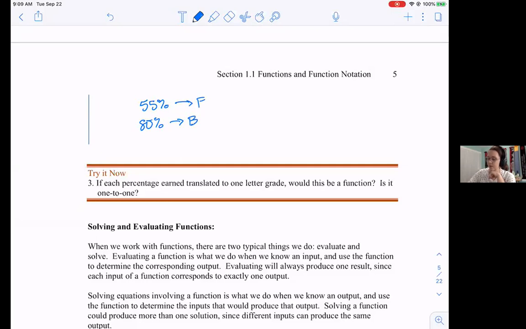So let's say yes, this is a function. To check if it's one-to-one, we have to go the other way. If I got a B, do I know exactly what percentage I got? No. I could have gotten 80, I could have gotten an 84, could have gotten an 86. But it maps to multiple different percentages, so it's not one-to-one. It is a function, but it's not one-to-one. Any questions here?